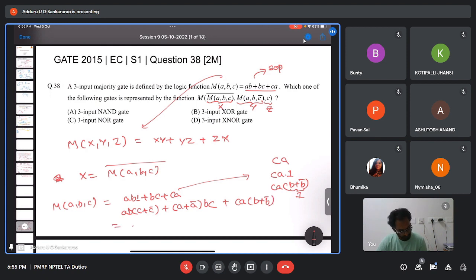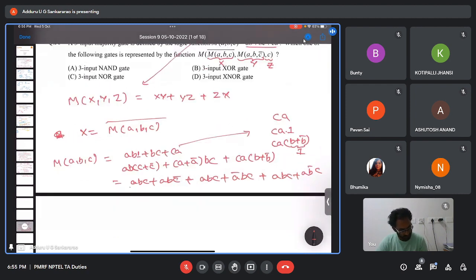Now expand this, you will get ABC plus ABC bar plus ABC plus A bar BC plus ABC plus A B bar C. Here ABC is repeated 3 times.